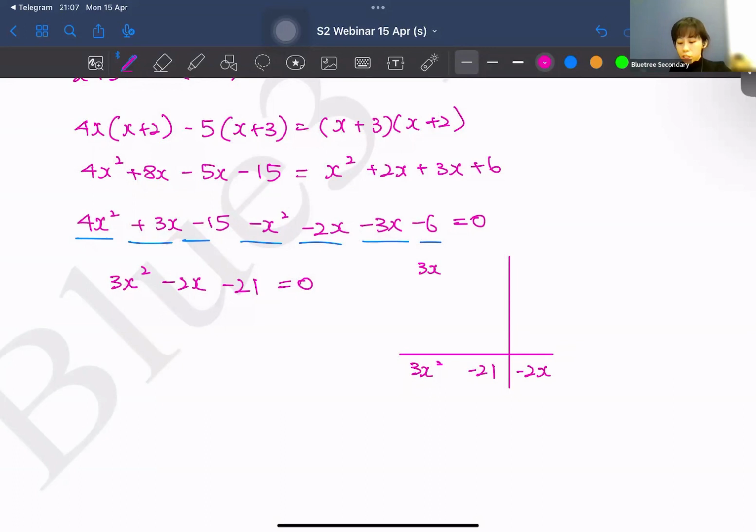So for the projected term, very straightforward. 3x squared, you can just split it into 3x times x because the factors of 3 is just 1 and 3. For 21, you have 1 times 21 and 3 times 7.